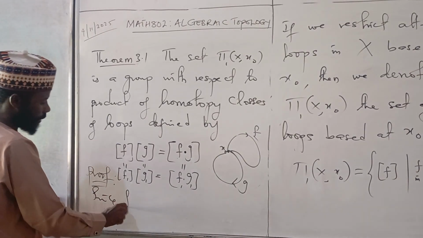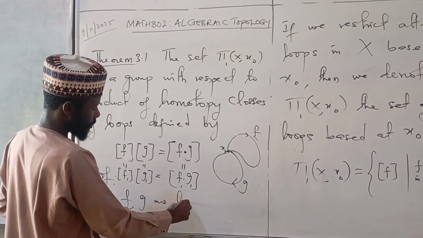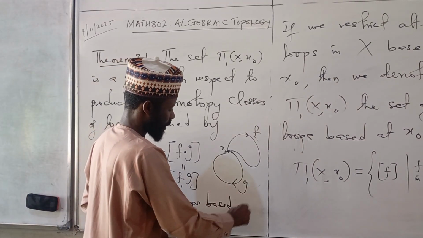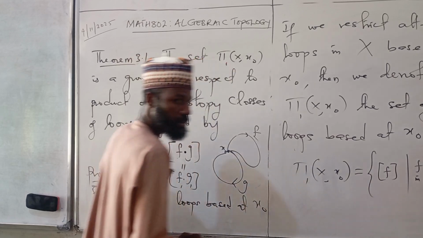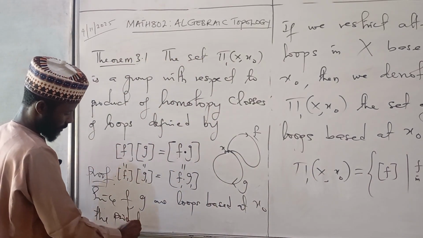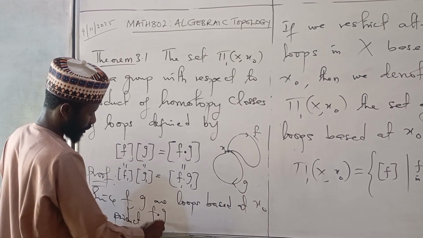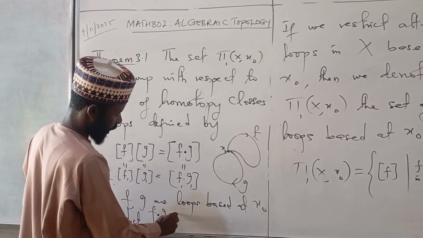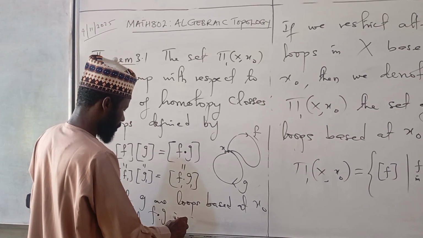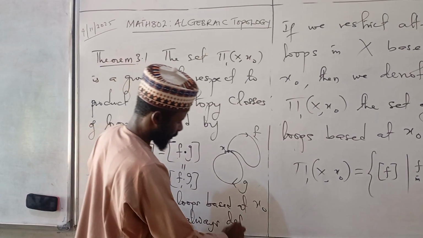So since F and G are loops based at the same point X naught, the product, F composite G, is always well defined. It's always defined.